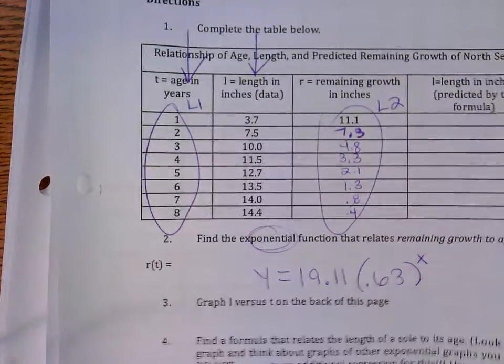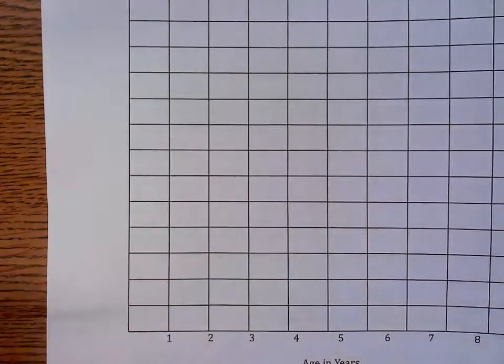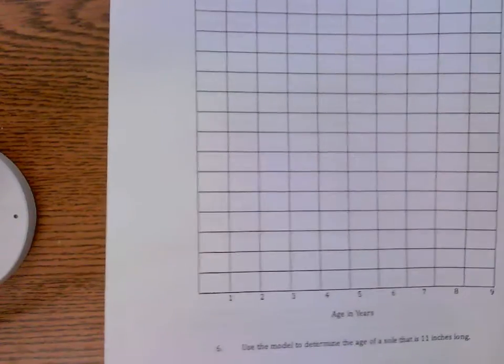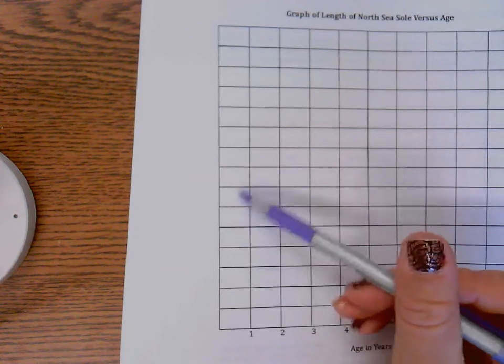So we're going to graph time on the x-axis, the age of the fish, and the length of the fish. This is experimental data, so it's not going to be perfect. What do we have to go up to? 14? 1, 2, 3, 4, 5, 6, 7, 8, 9, 10, 11, 12.